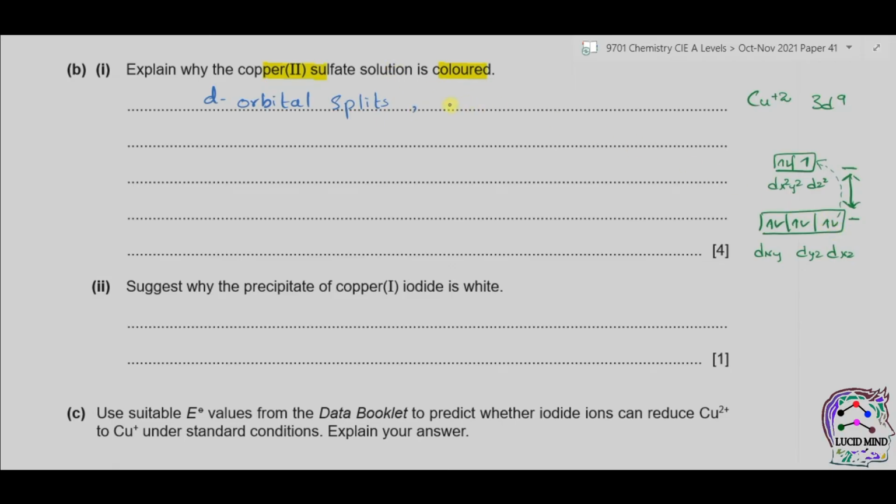Electron is promoted from low energy orbital to high energy orbital. And this happens because the frequency of light is absorbed.